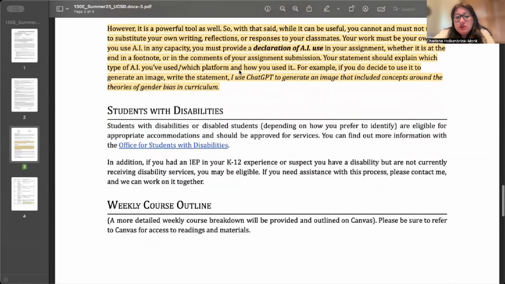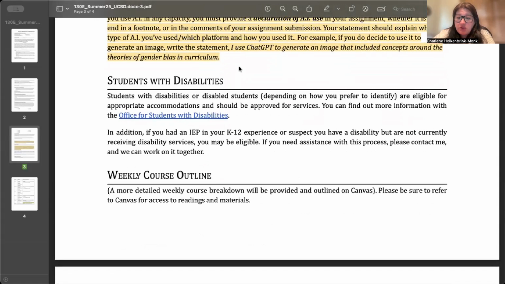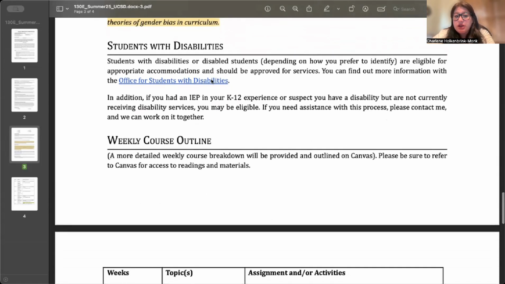Then students with disabilities, or if you're disabled, depending on how you prefer to identify, you are eligible for accommodations. And you can find out more here at the Office for Students with Disabilities. If you had an IEP or a 504 in your K-12 experience, or you suspect you have a disability, you might be eligible as well. If you want some assistance, reach out to me.